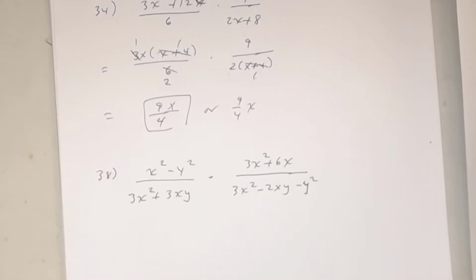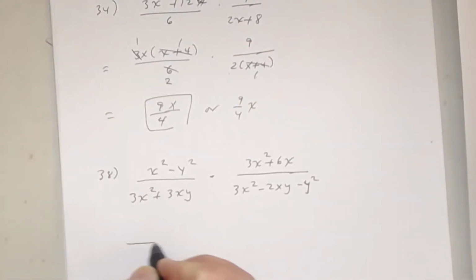All right, what's the first step? Factors. So remember, you can only reduce factors. All right, so how do I factor that first numerator? What is that? Difference of two squares. How do you factor difference of two squares in this case?